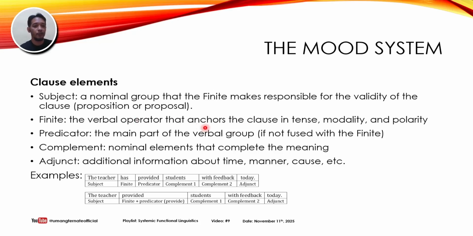Okay, so the finite is the verbal group or the verb element in the clause that is influenced by tense and number. But here we only focus on the tense, modality, and polarity. So the tense here includes the three primary tenses like the past, present, and future tense.